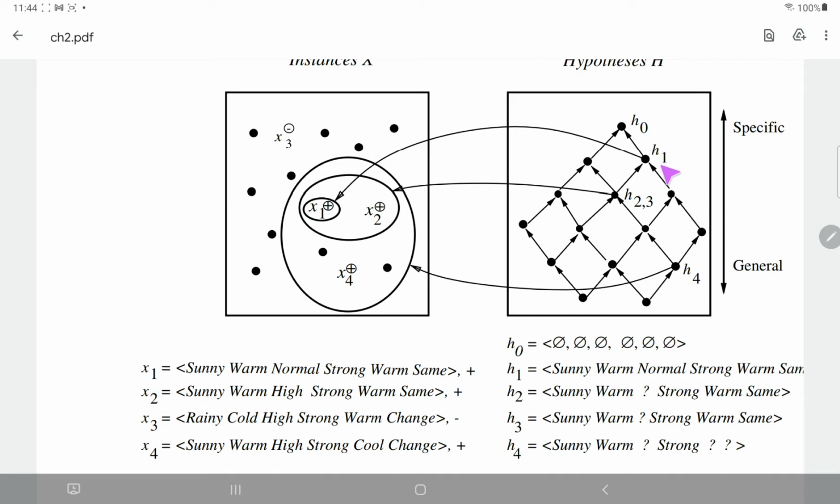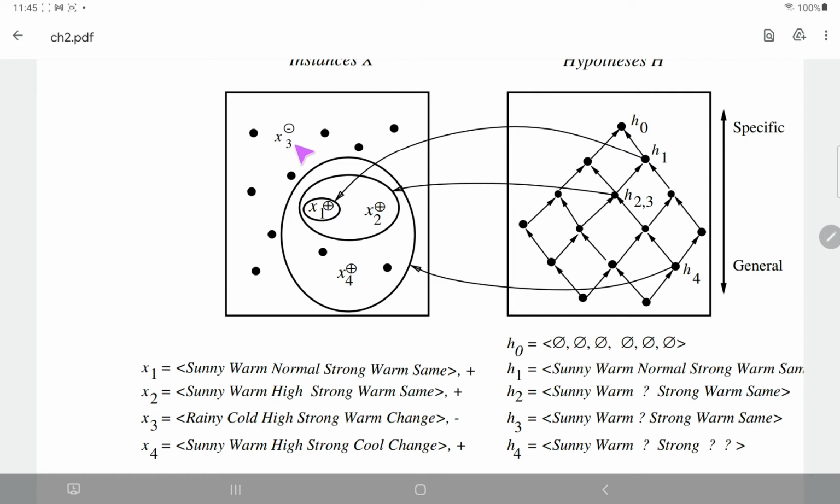In H1, it can cover just only X1. When we change it to H2, H2 can cover both X1 and X2. Then H3 is the same as H2, right? It would cover X3.